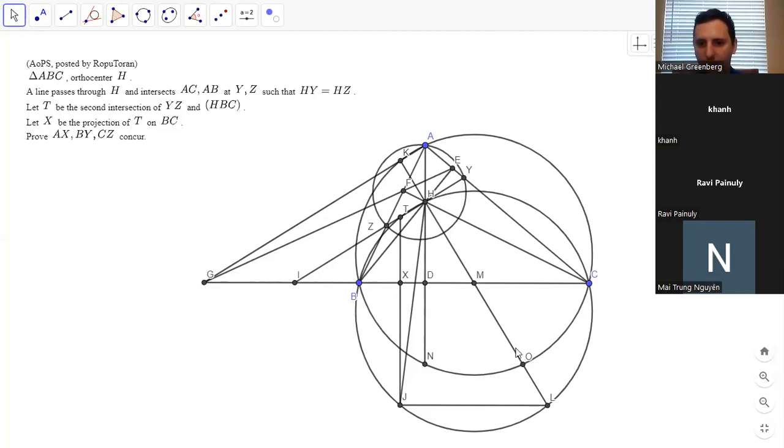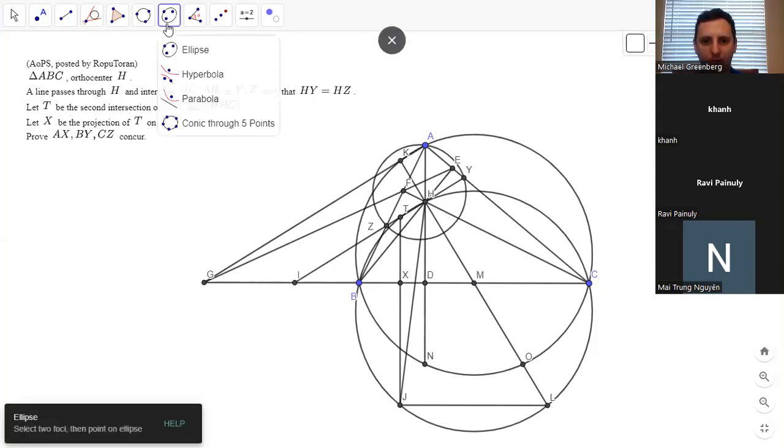And angle LHC is equal to angle JHB because JL is parallel to BC. So these lines are isogonal. HL and HJ are isogonal in triangle BHC, right? Oh, okay, I got it. So that solves it.